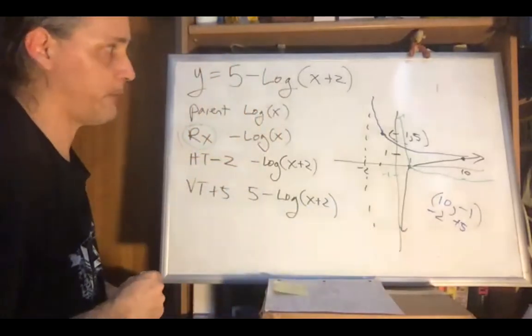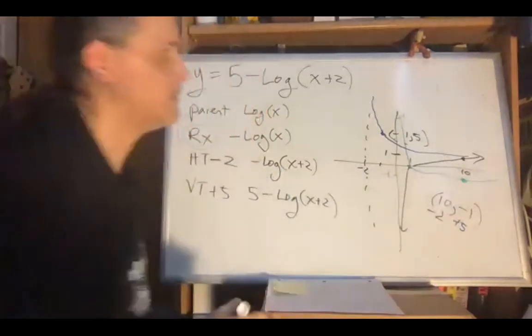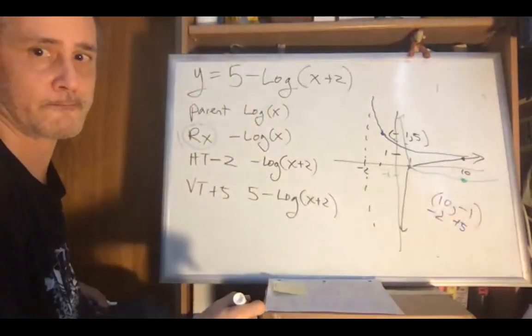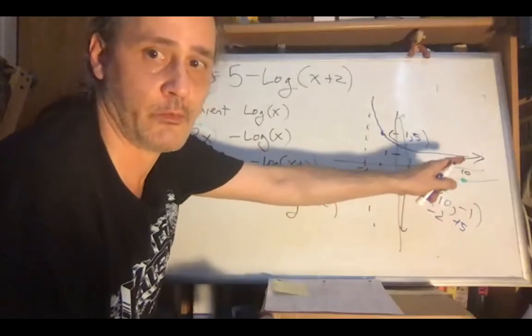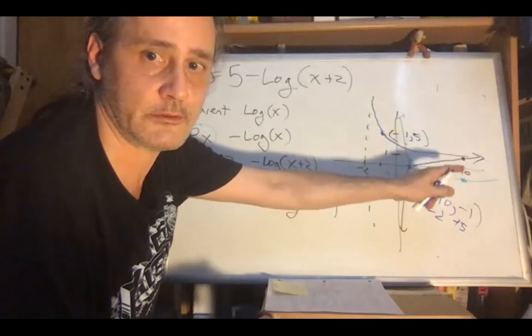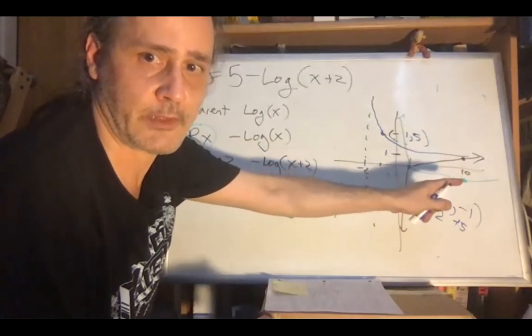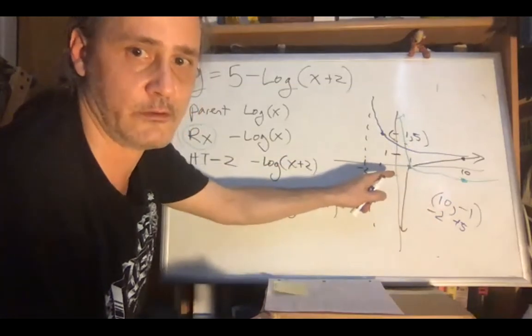Okay, so this point that I was using as a second reference point came from the original log graph. You need an exponent of 1 when you have 10 to the first. So now that came over here when I did the reflection across the x, so that's why it's -1. The 1 flips to -1.